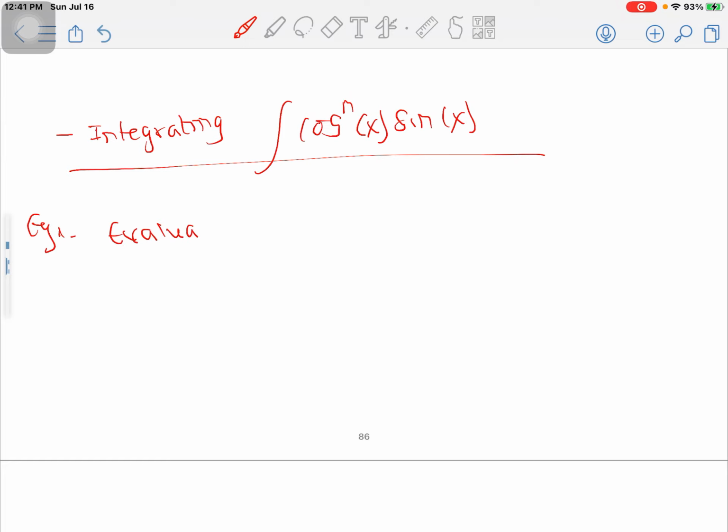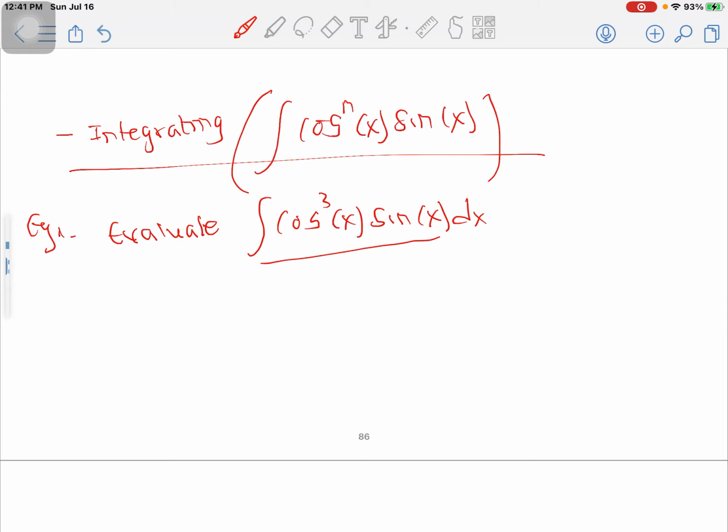So first of all, example 1: evaluate the integral of cos power 3x sine x dx.